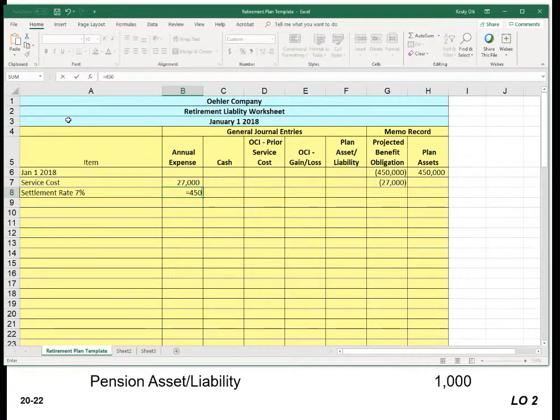So we will take the 450,000, multiply that by 0.07, and that gives us 31,500. Carry that over here.